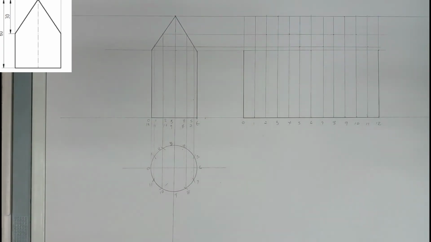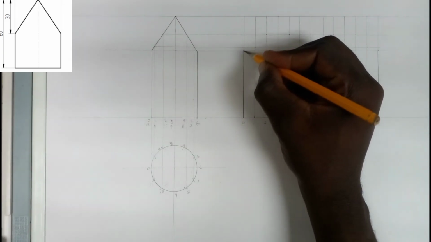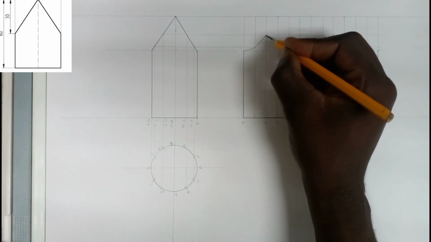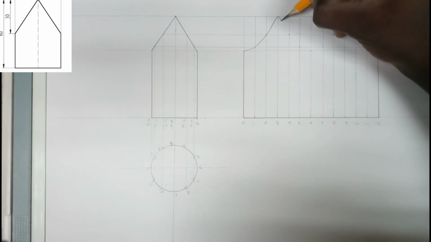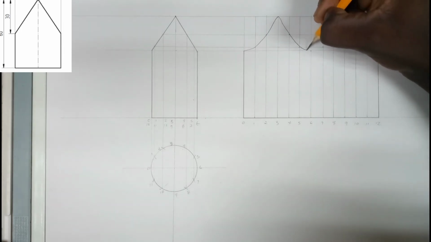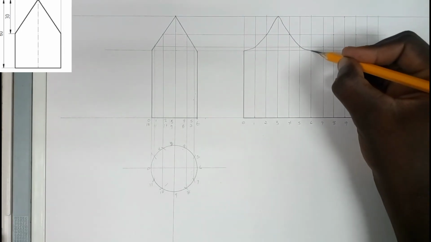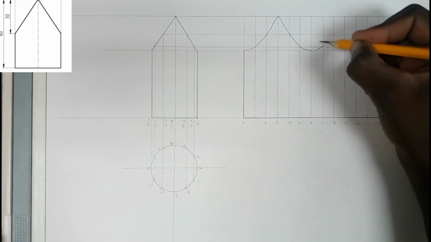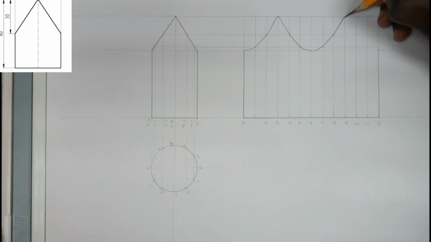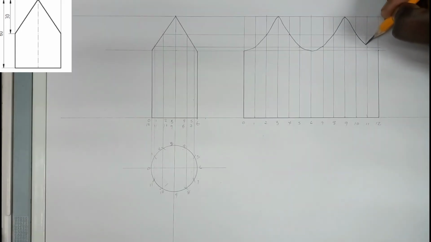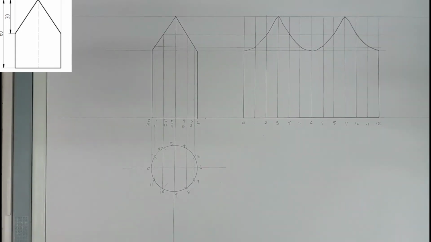Then using a sharp pencil, use free hand here. Make sure that your pencil is very sharp. And as you can see, this is the lateral surface of a cylinder.